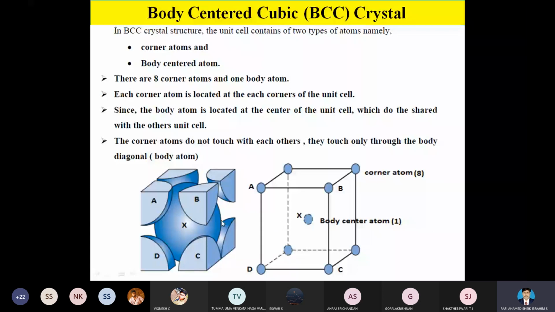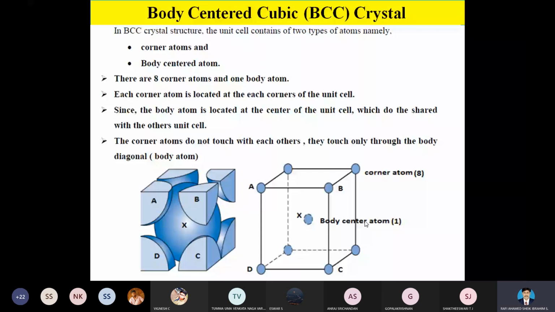Since it is located at the center, this body-centered atom cannot share itself with the other unit cells. That's why I have given that example.